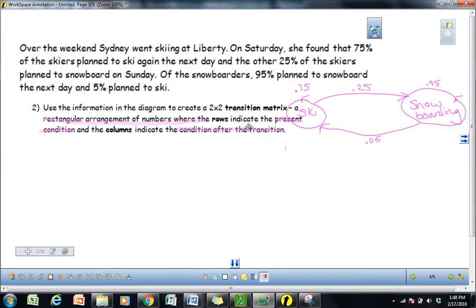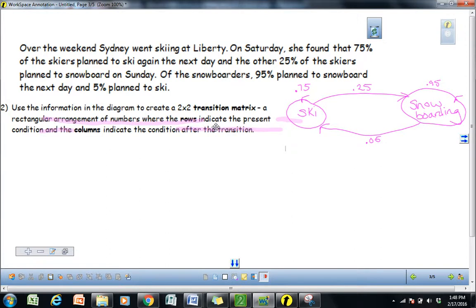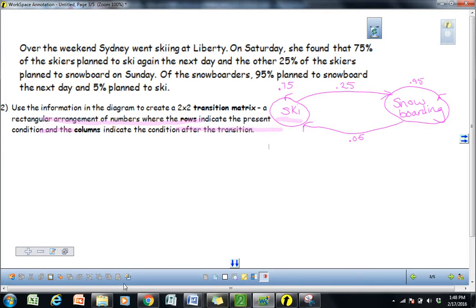Is that big enough? That's fine. Okay, so I need to draw a matrix now. The rows are the present, so presently we're talking about Saturday. And after the transition, we are going to be talking about Sunday.